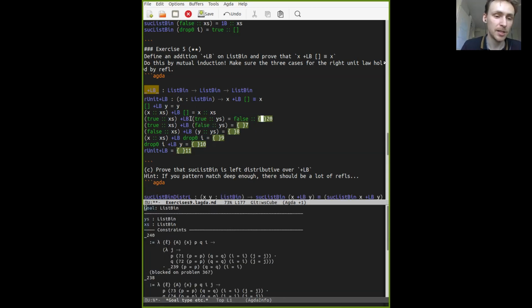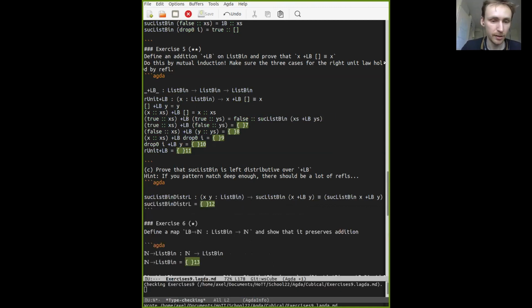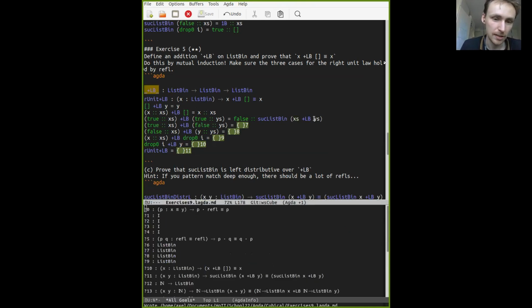But then we need to make sure that this gets bigger somehow, right? Well, let's take suc list bin and apply this to xs plus ys. If you think about this for a bit, you should see that this gives you the right thing. So that's a nice recursive definition.